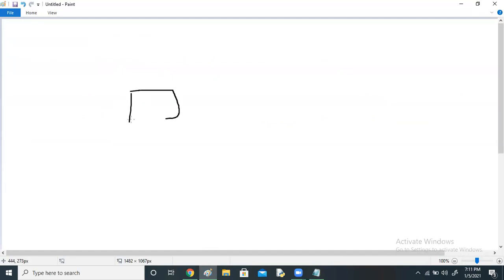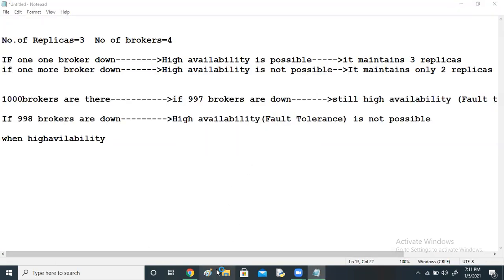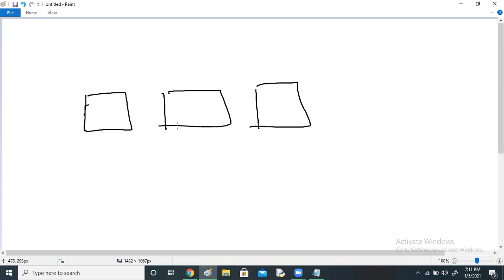For example, out of 10 systems, only 3 systems are available and the remaining 7 are down. Any partition, say topic 1 partition 1, has 3 replicas; topic 1 partition 2, 3 replicas; topic 2 partition 1, 3 replicas.